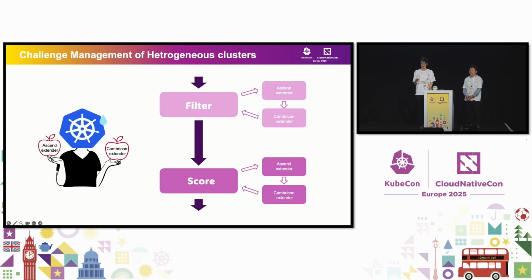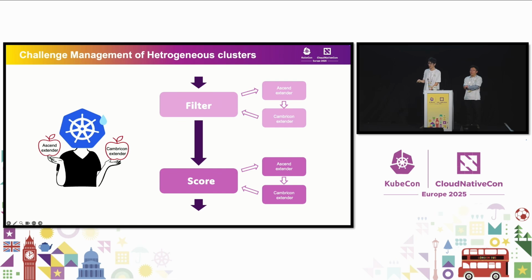And another challenge is the management of heterogeneous clusters. As you can see, there are multiple device vendors in China, and many of them implement their own scheduler extender. It hijacks the filter and the score process, and if you have a cluster composed of multiple AI cards, then you have to install their scheduler extenders, and you have a longer scheduling pipeline.